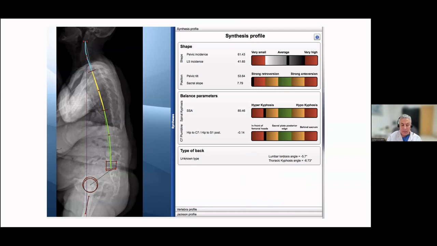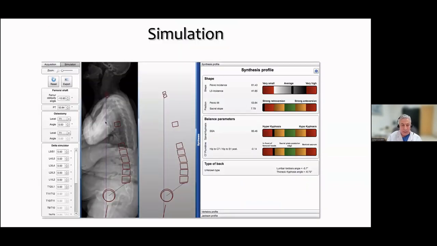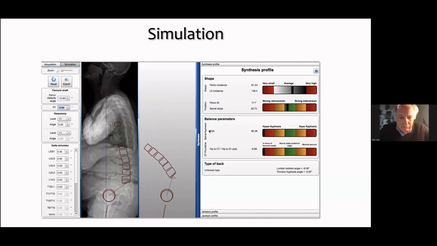So this is the software that I use today, and we can see the simulation here. You can see that I'm bringing the compensatory mechanisms back to normal. Here is the pelvic tilt that is switched to the green area on your right. And you can see that my patient virtually is falling down. So we try to simulate the osteotomies.